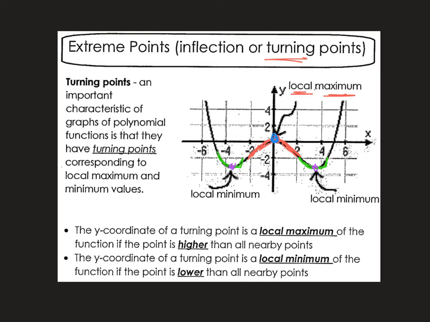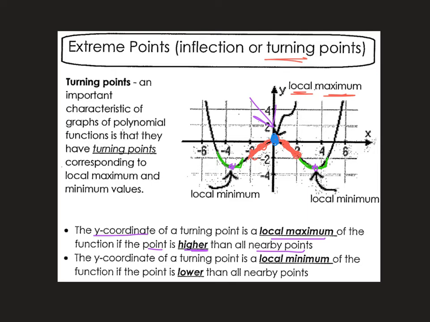And that is what we're saying. If you look right here, the y-coordinate is a local max if the point is higher than the nearby points, right? So this is a local max. Why? Because the blue guy right here is higher than all of the red points that are here. So there's a red point here, red point here, red point here, red point here.